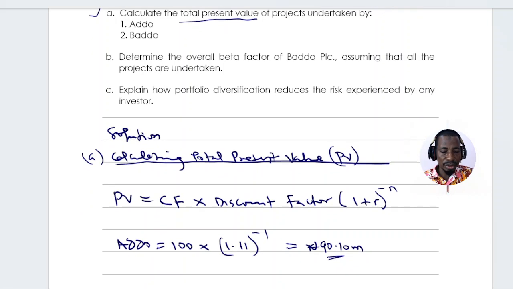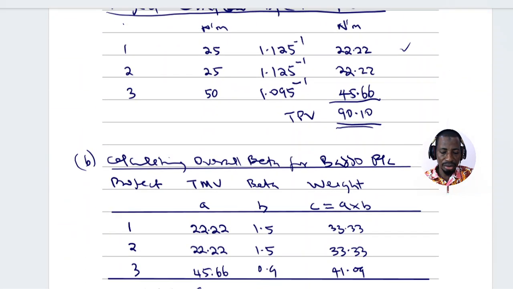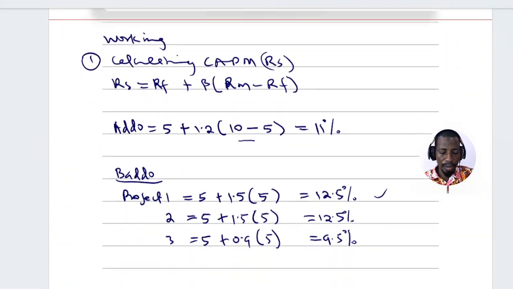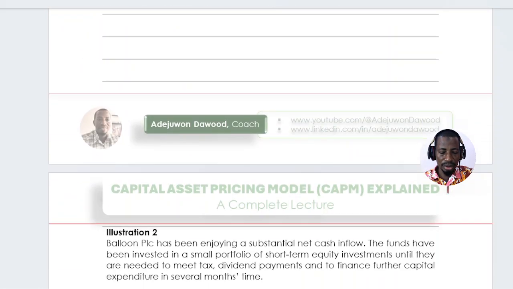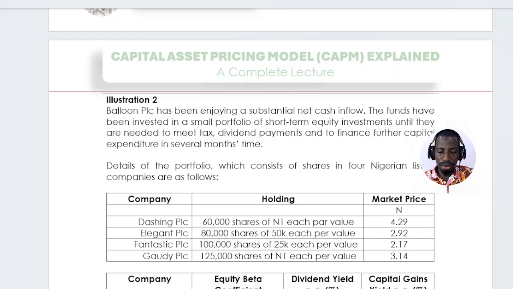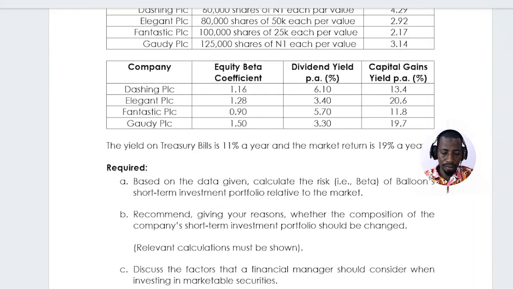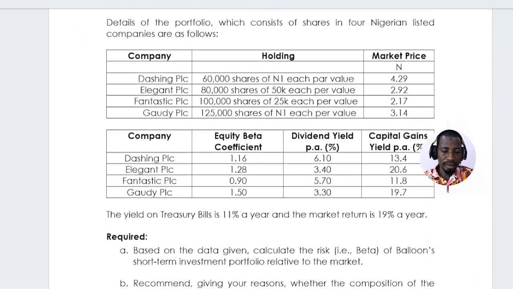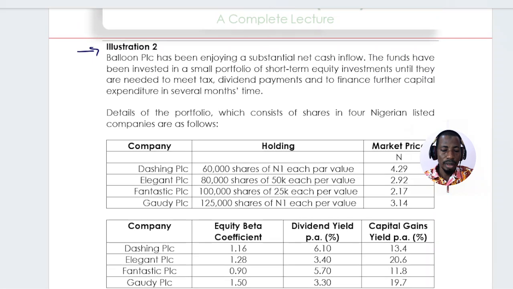All right, so let's go to the next illustration. Let's have one more illustration. Let's treat this illustration 2. Balloon PLC has been enjoying a substantial net cash inflows.